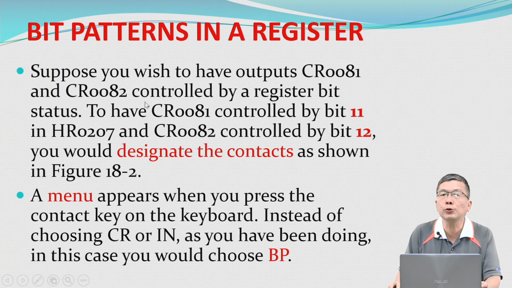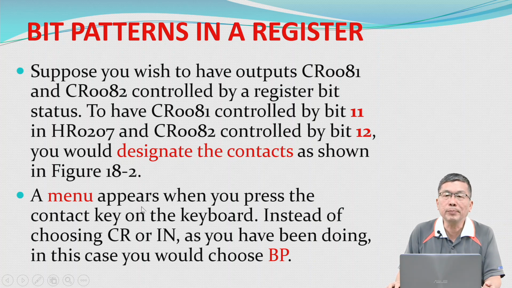Suppose you wish to have output control relay 0081 and control relay 0082 controlled by a register bit status. To have control relay 0081 controlled by bit 11 in holding register 207 and control relay 82 controlled by bit 12, you would designate the contact as shown in Figure 18.2.